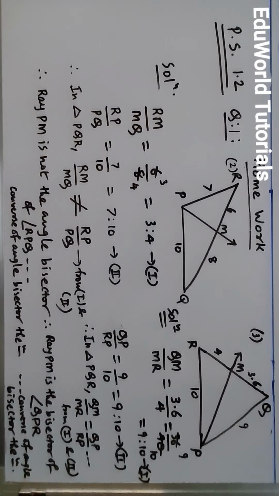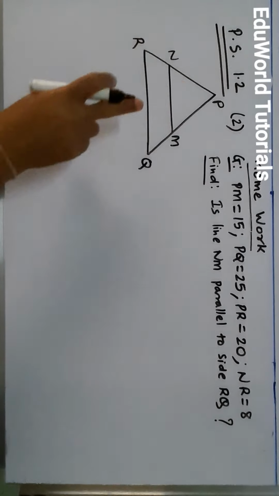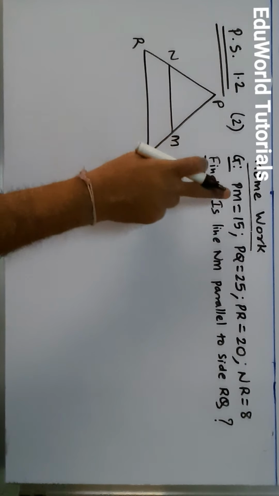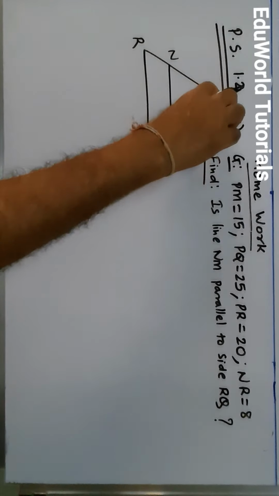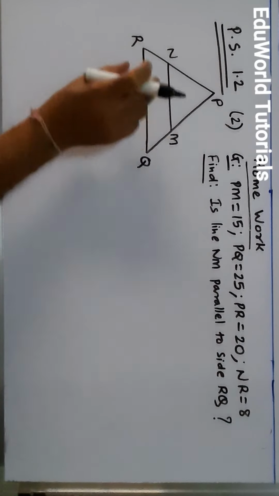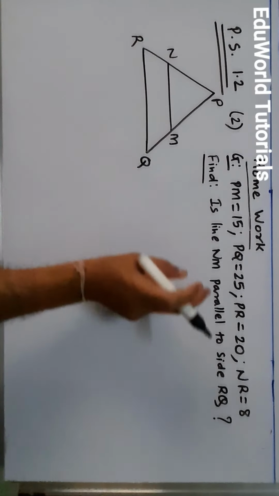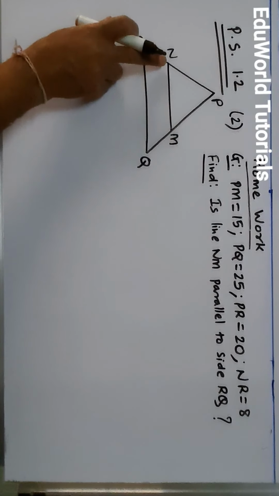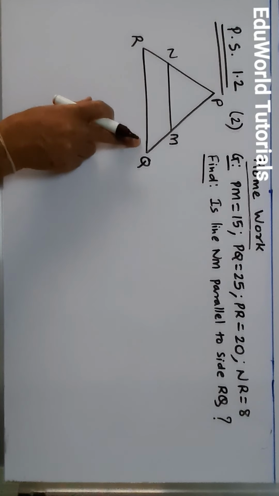Now we will solve second question of exercise 1.2. So this is the second question. We have PM 15, this segment PM is 15, PQ entire side PQ is 25, PR entire side PR is 20 and NR is 8. We have to find out whether NM is parallel to RQ or not.